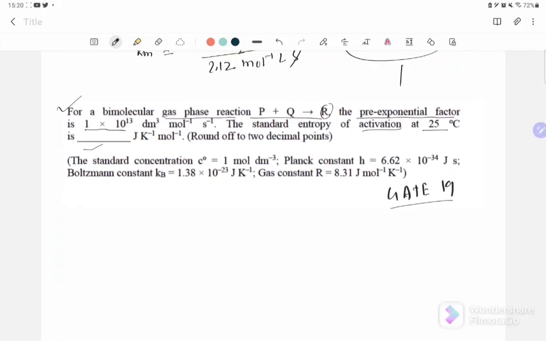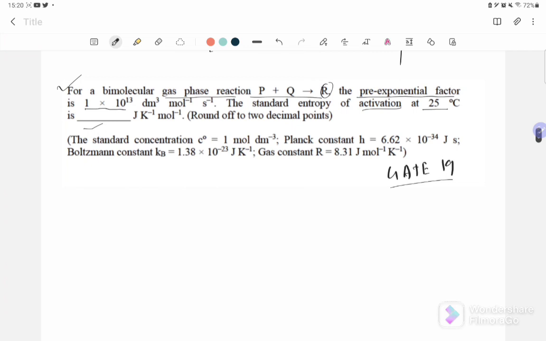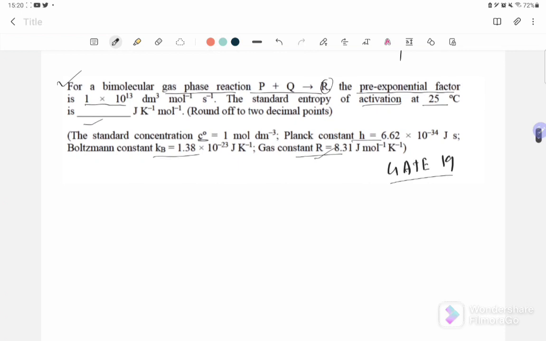So what is given? The standard concentration C0 is given, the Planck constant is given, the Boltzmann constant is given, and the gas constant is given. So what is the equation from activated complex theory?